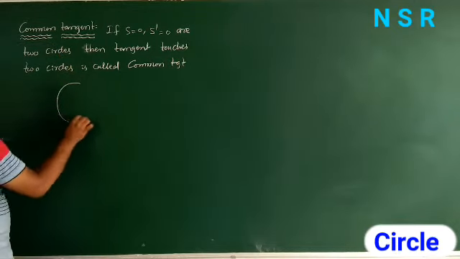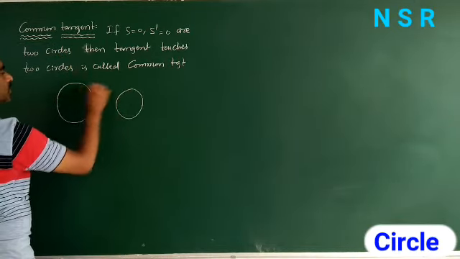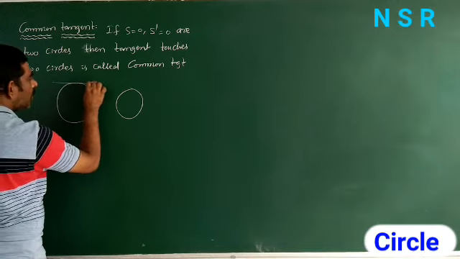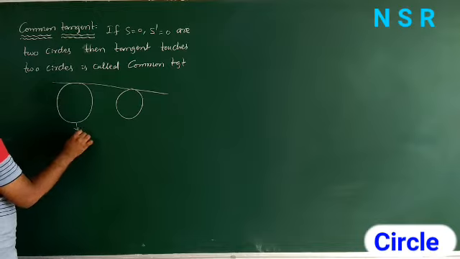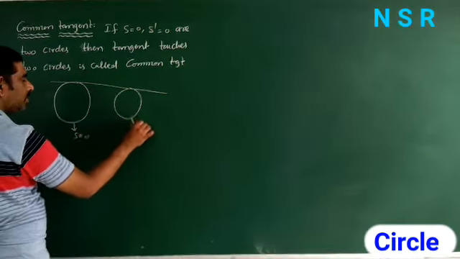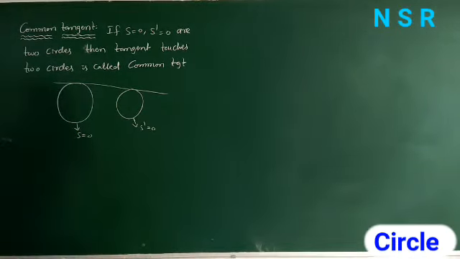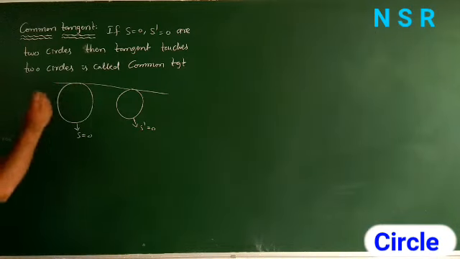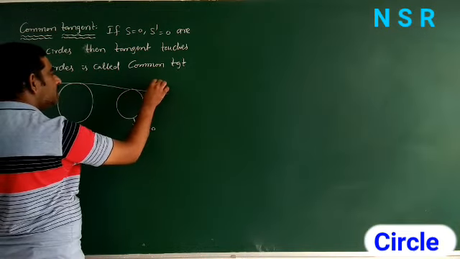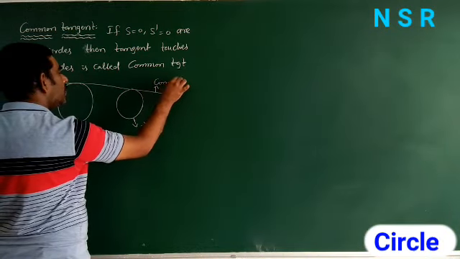Suppose we have two circles, this is S = 0 and this one is S' = 0. This is a tangent of both circles. If a tangent touches two circles, then the tangent is called a common tangent.